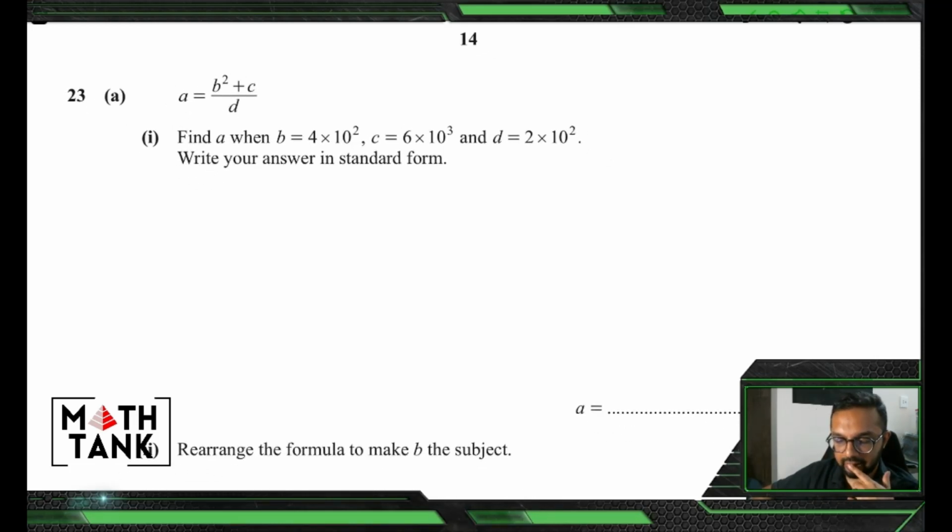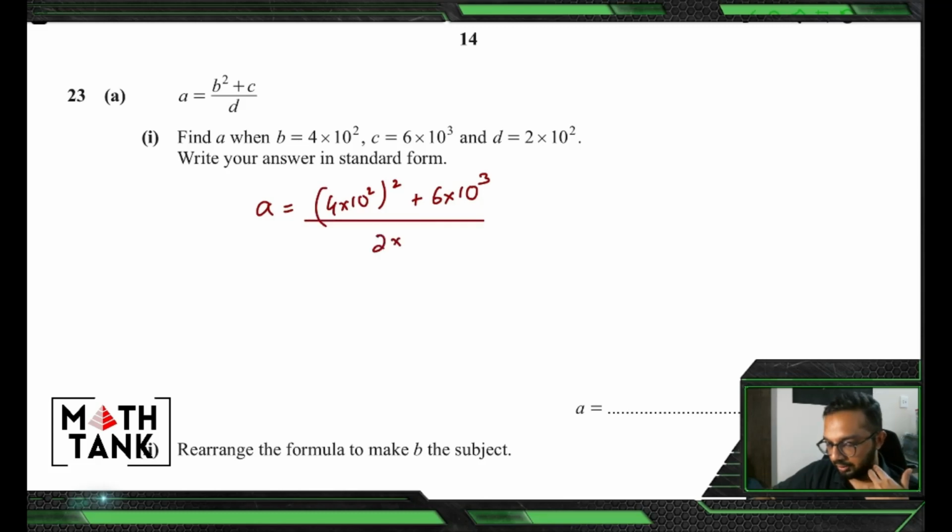Now it says A, B, C, giving your answer in standard form. So A equals 4 into 10 squared plus 6 into 10 cubed, divided by 2 into 10 squared. So let's first simplify the numerator. That becomes 16 into 10 power 4.